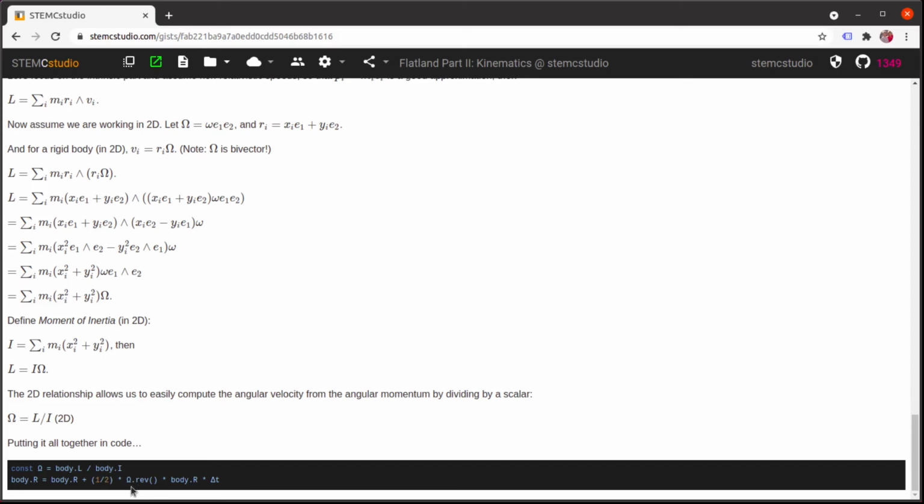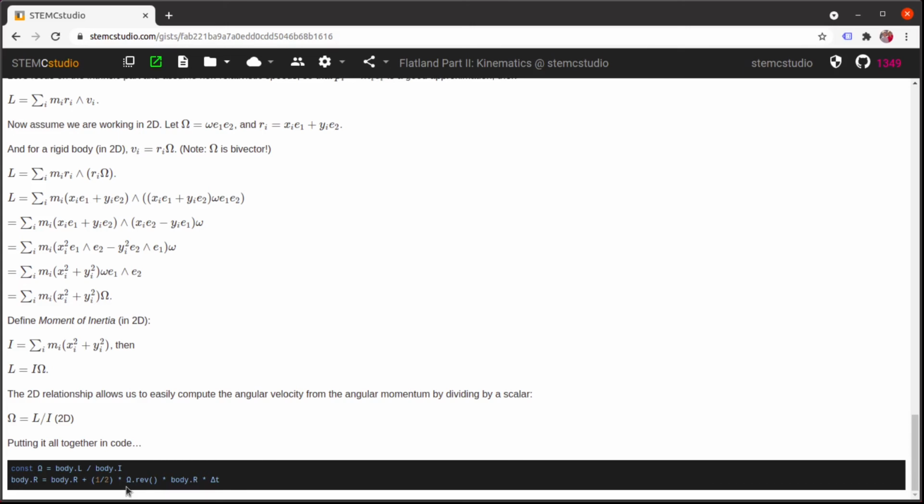Since r dot was computed to be 1/2 the reverse of omega times r, that's where all that comes from. The only thing here is, you might observe you can use the reverse method, or in our operator overloading there's a unary, and we use a little tilde sign just before the omega.